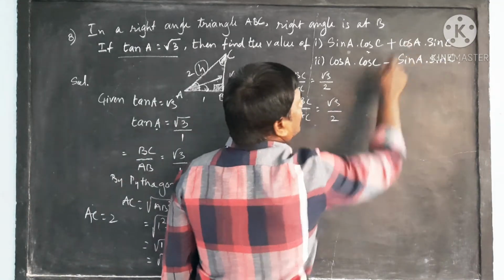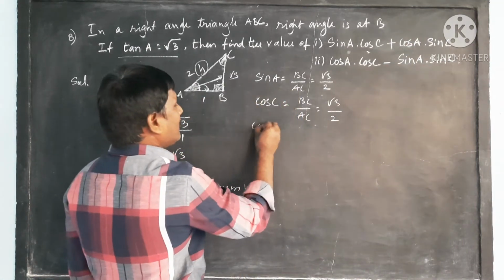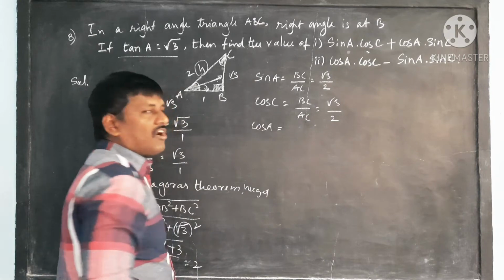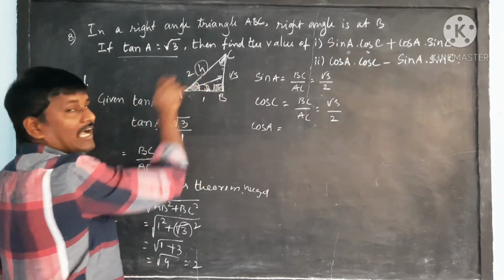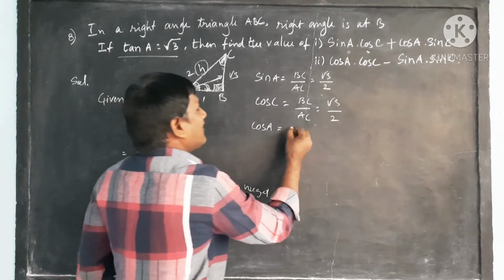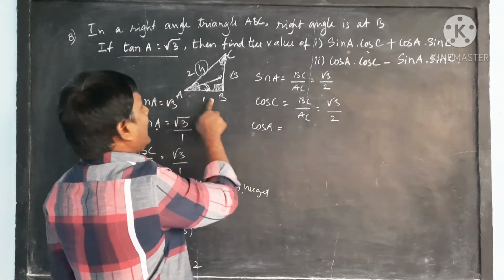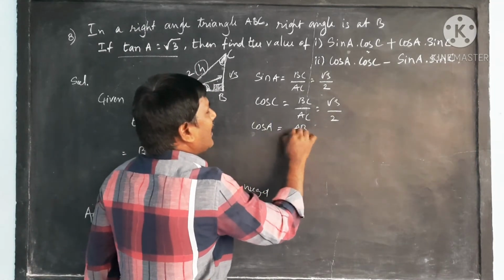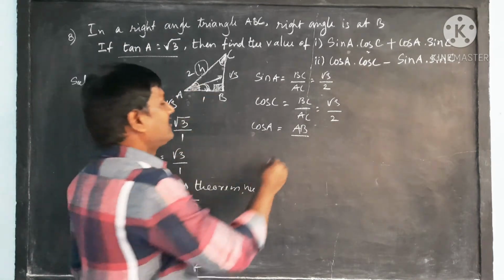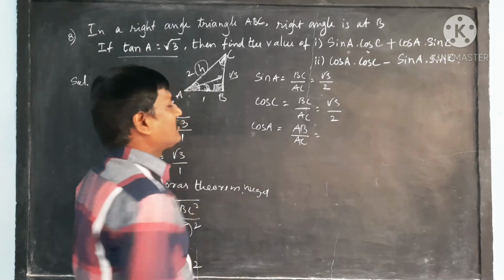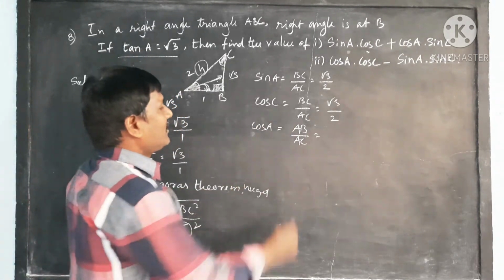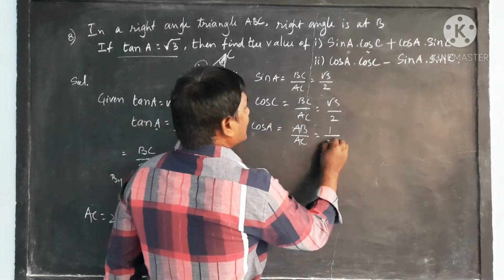The next value is cos A. Cos A means adjacent side to angle A by hypotenuse. The adjacent side to angle A is AB and AC is the hypotenuse. Now you can substitute the values of AB and AC. AB means 1, AC means 2.